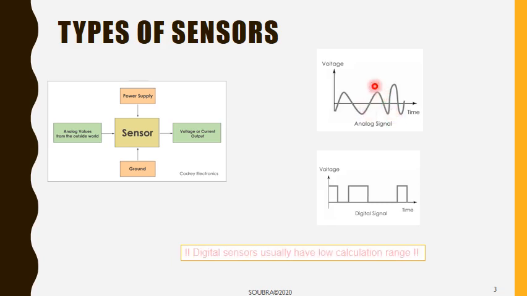And then, of course, we have the digital ones, and those are usually way much easier to use because the sensor just spits out a bunch of ones and zeros, and you have to interpret them within your microcontroller.